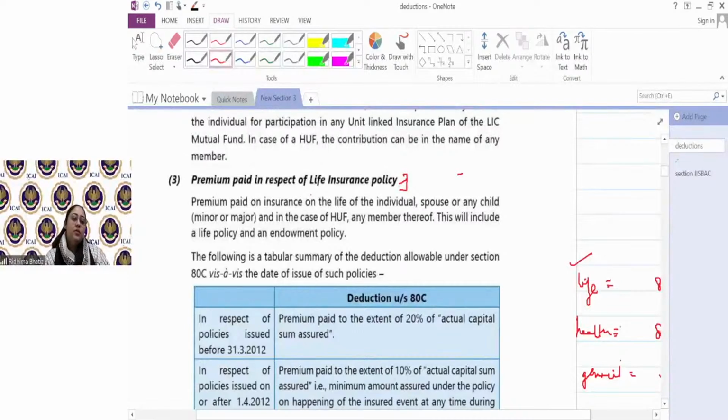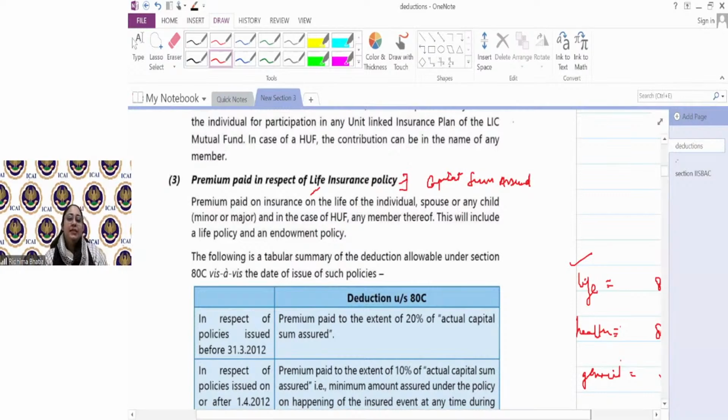There is a term called capital sum assured. This is technically an amount which you will get on your maturity, or a minimum amount at least which you will get on maturity. कि इतना amount assured है कि आपको मिलेगा. This amount is assured that you will get.